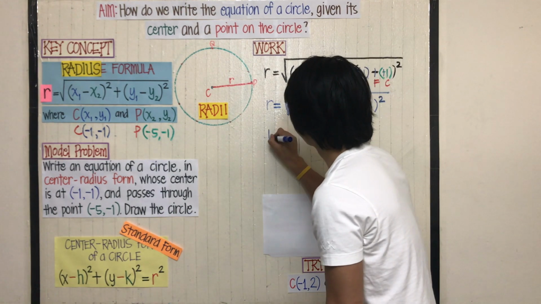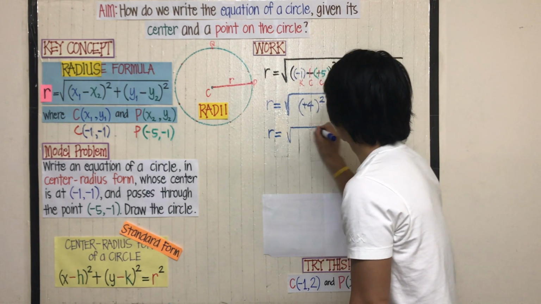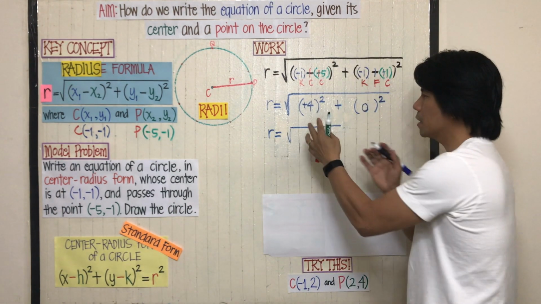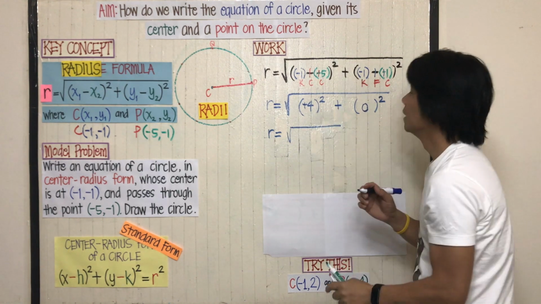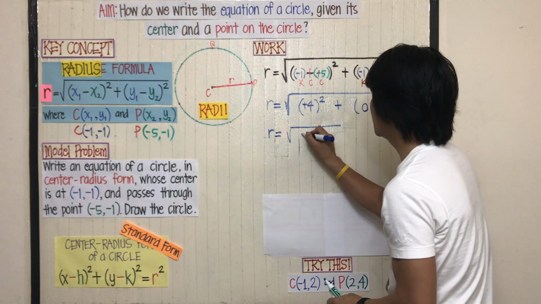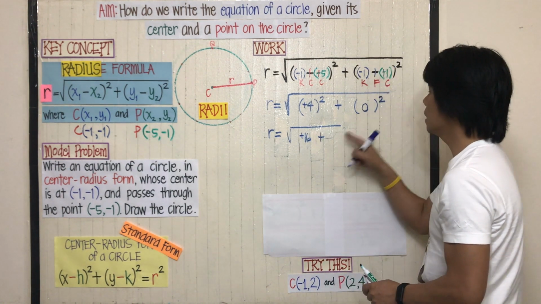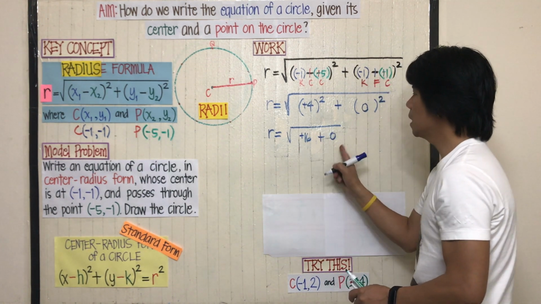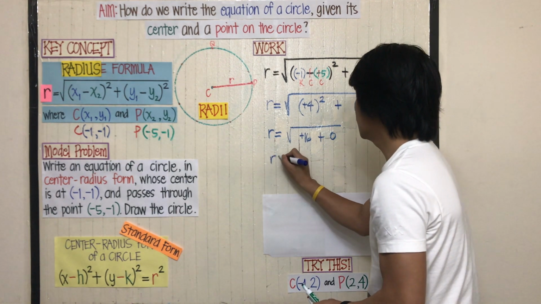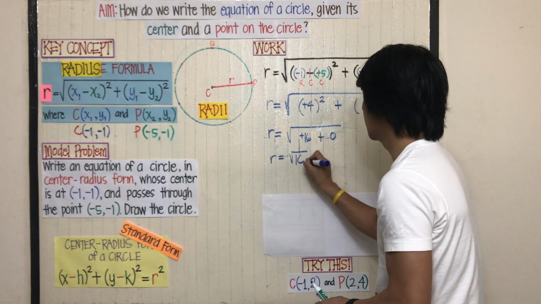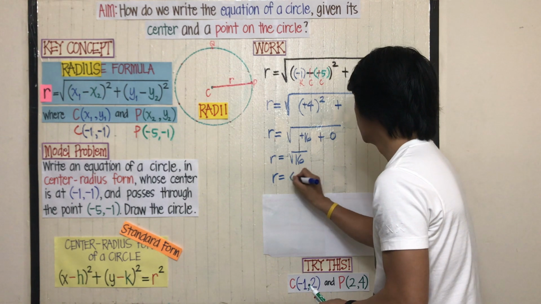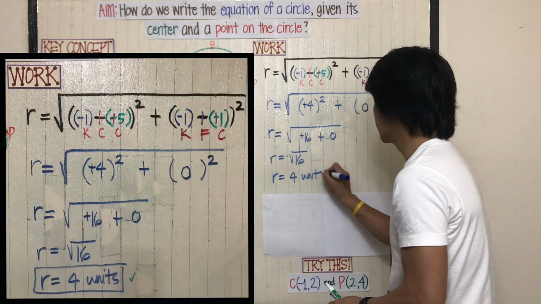Let's keep going. R is the square root of +4 times +4 is 16, +16. Alright, plus 0 times 0 is 0, so 16 plus 0, R is equal to the square root of 16, or just simply 4 units.